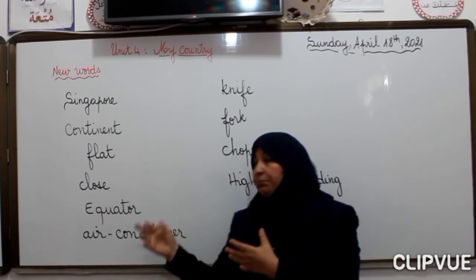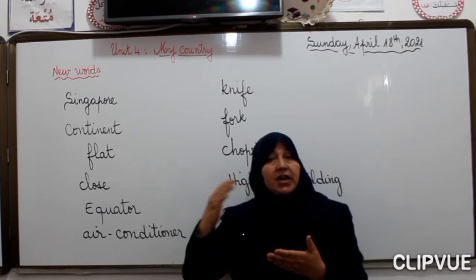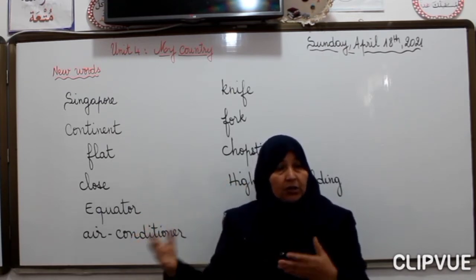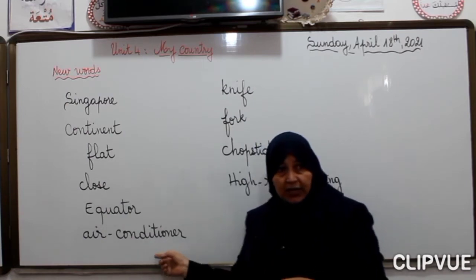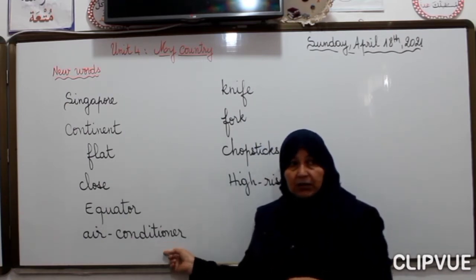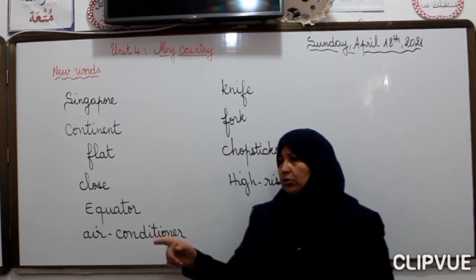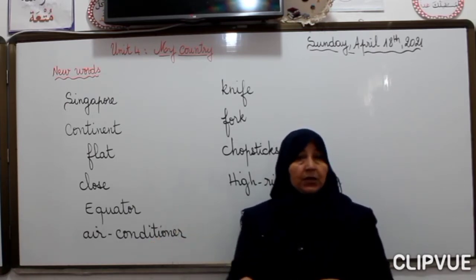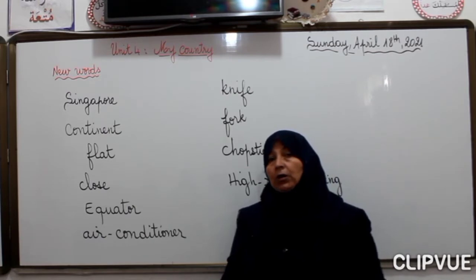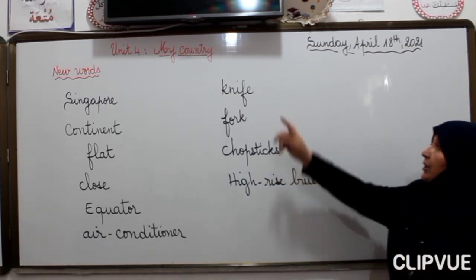It means it's an appliance that makes the air cold, cools the air inside. Did you get it now? Okay, what is it in Arabic? مكيف الهواء. Okay, this is air conditioner.